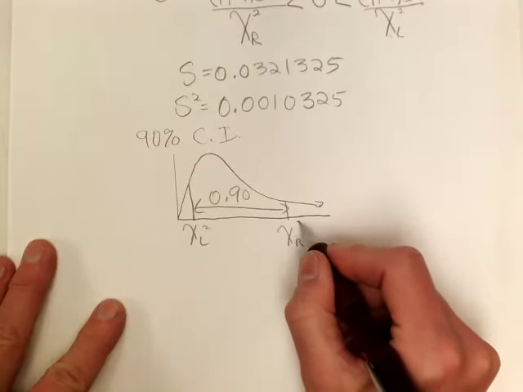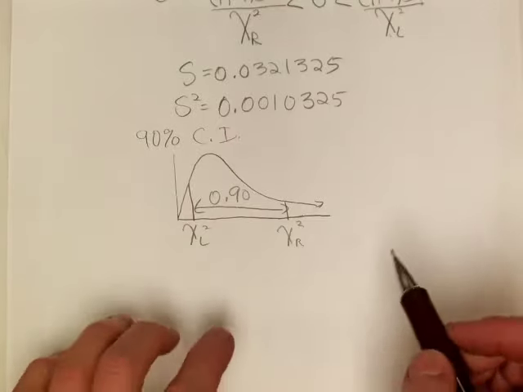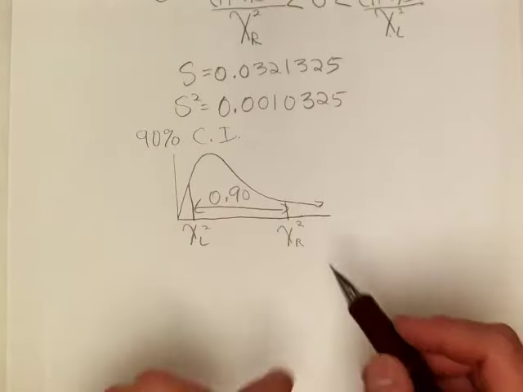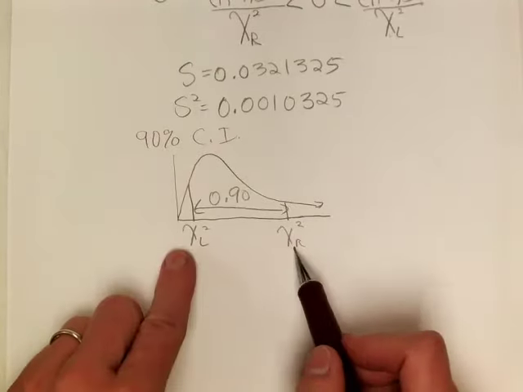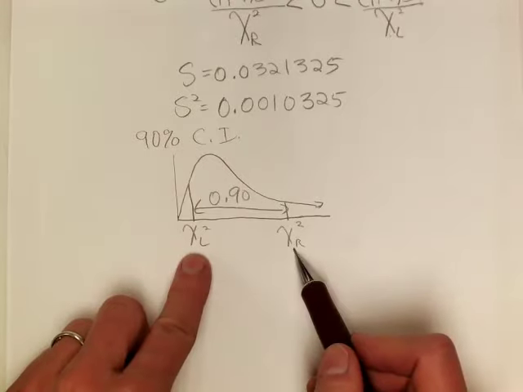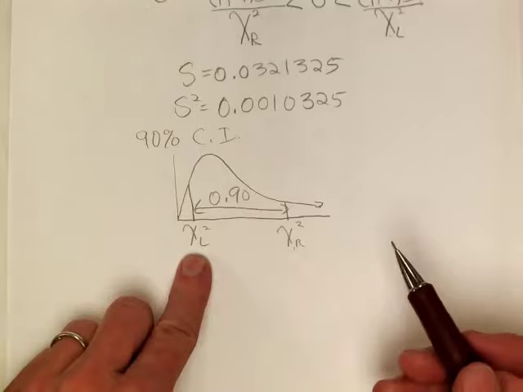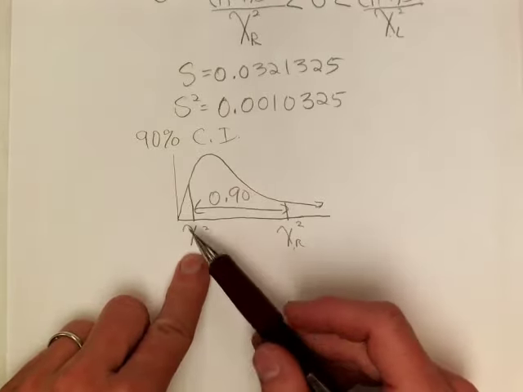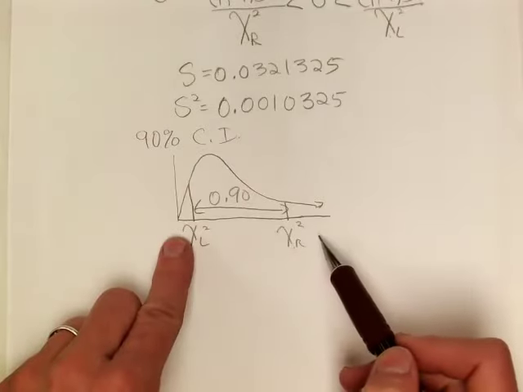here's the upper one. You definitely don't want to draw a bell-shaped distribution, and remember that you can't find one of these and then take the opposite, because this is not a symmetric distribution. The chi-square distribution represents the sampling distributions for variance, and variance is never negative, so this distribution will only take on non-negative values.